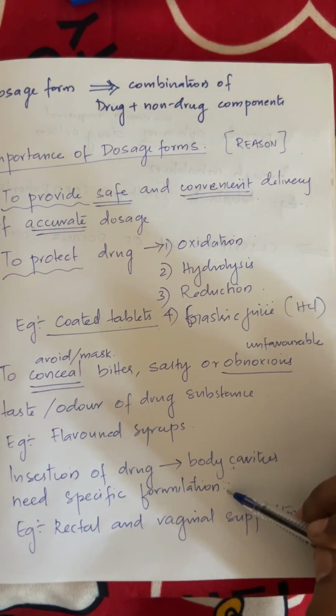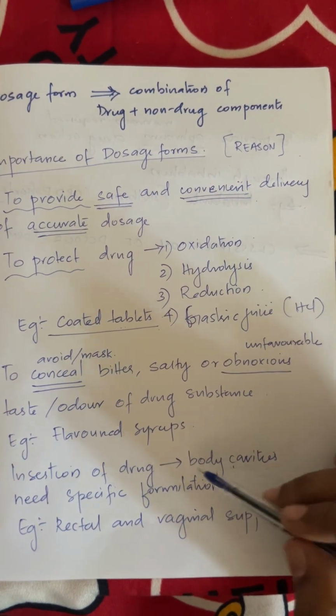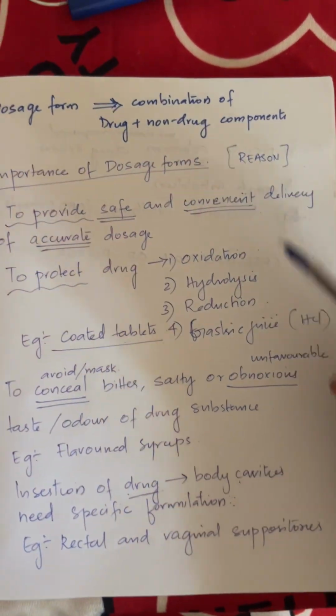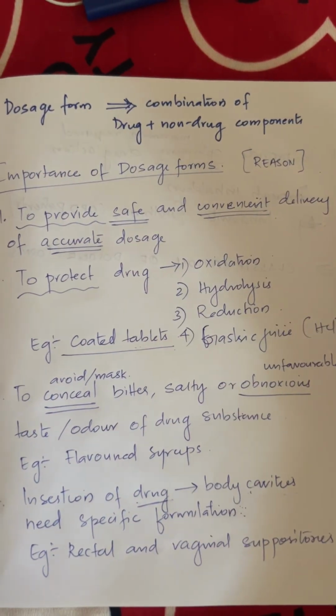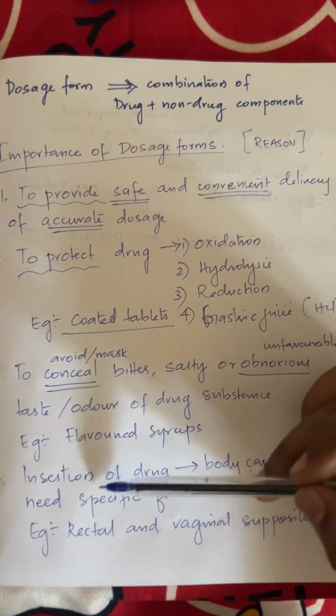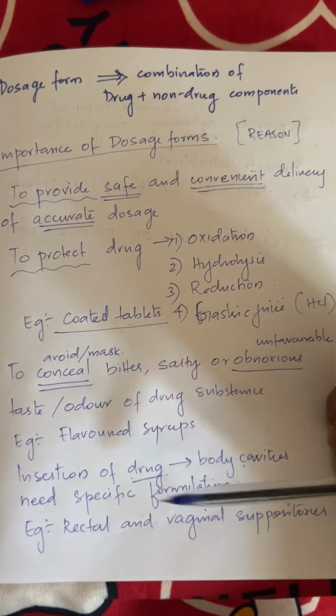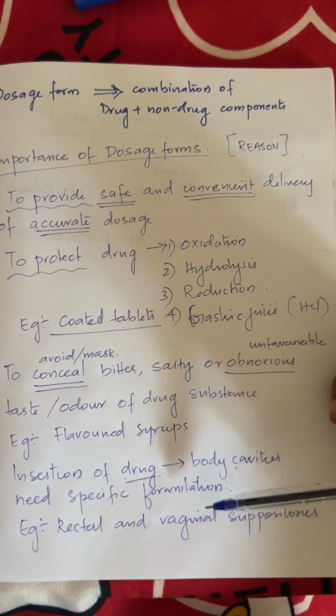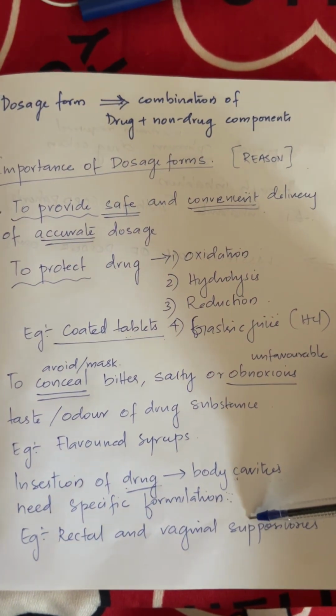To make a specific formulation of the pure state of a drug, we need the non-drug components. For example, these formulations are rectal and vaginal suppositories. We will learn more about the rectal and vaginal suppositories in the coming classes.